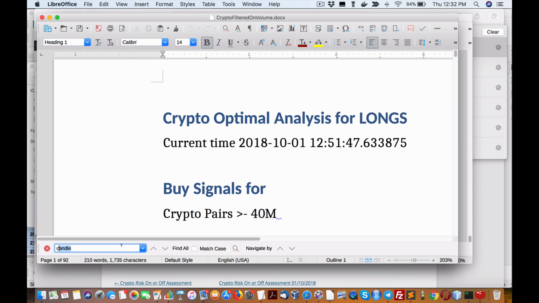Wow. Candle, or what's the other one? Head. Interesting. Okay, so I'm going to have to X-nay that.